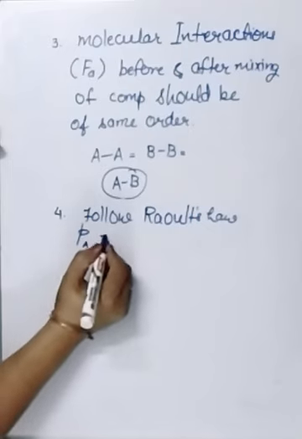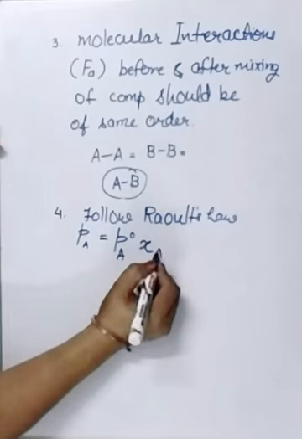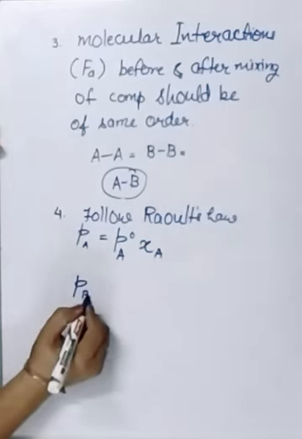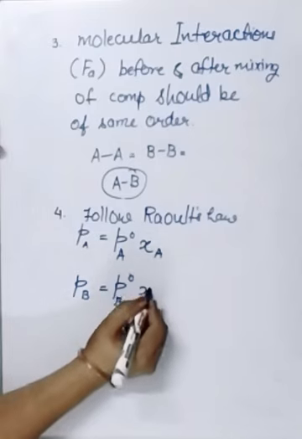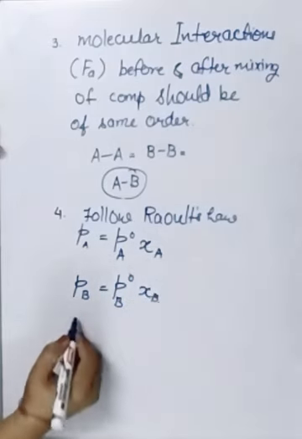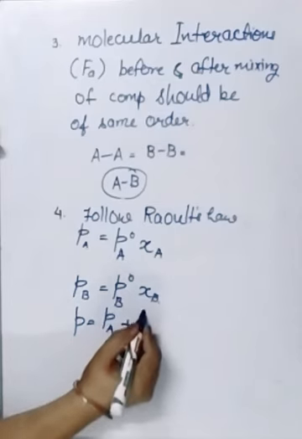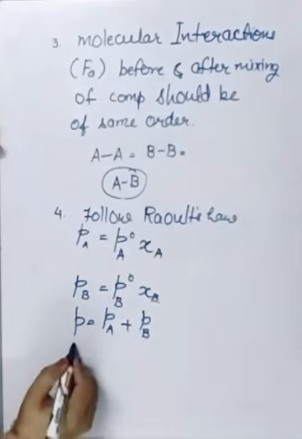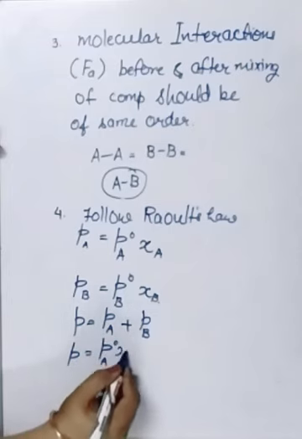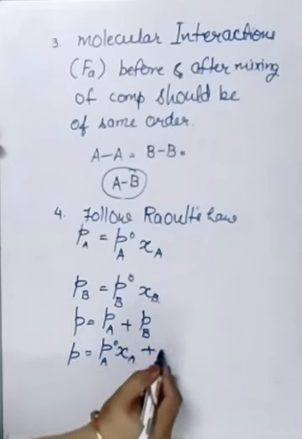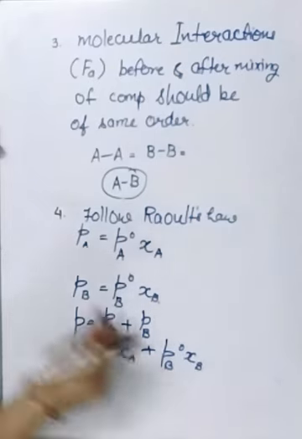PA should be PA naught XA, PB should be PB naught XB, and P should be equal to PA plus PB. That means P equals PA naught XA plus PB naught XB. These all should be followed.